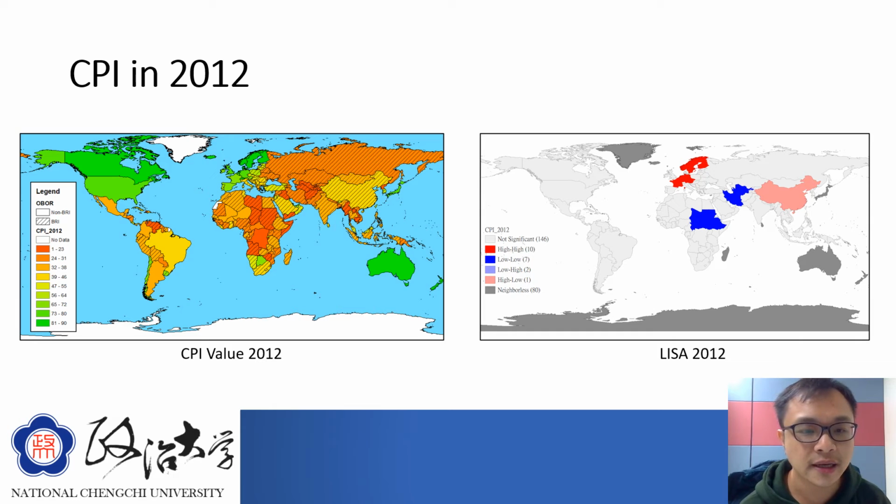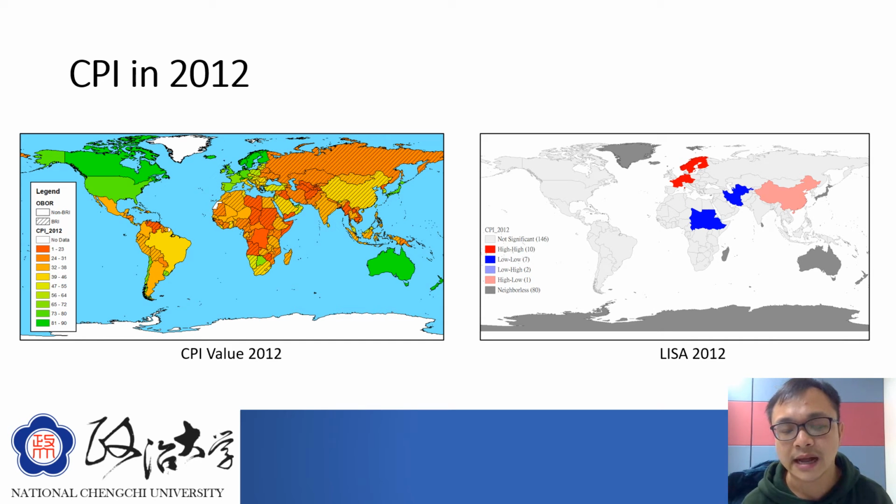You can see China is kind of yellow, but it's surrounded by more orange countries, which is not extreme. Orange countries are more corrupt countries. From the map on the right-hand side, you can see China is light red, which means it's high-low. China is less corrupt than its neighbors. But from our perception, China is not the least corrupt country in the world.